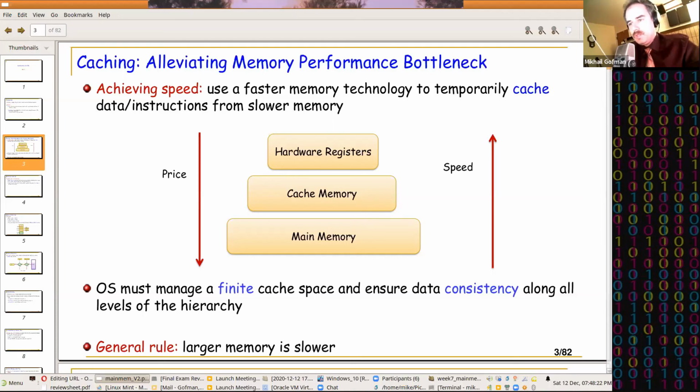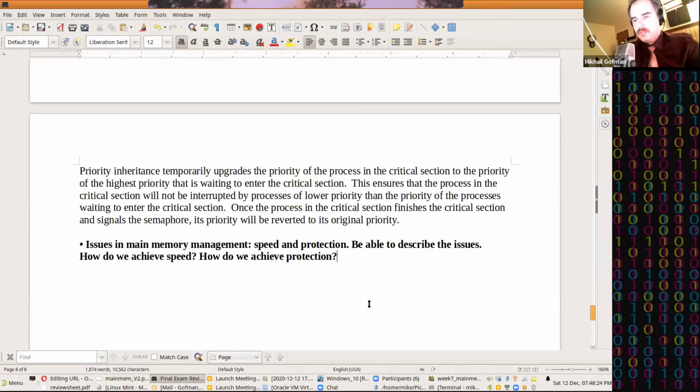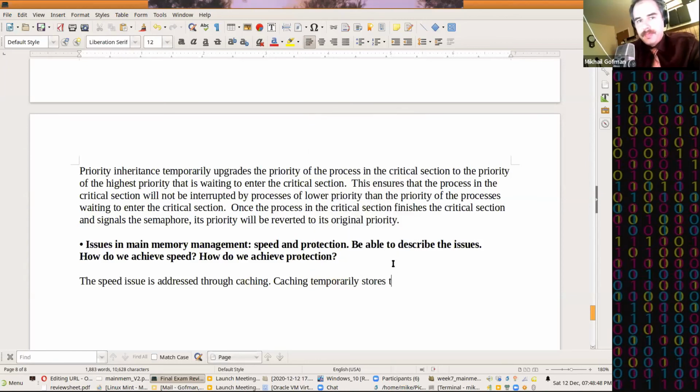Okay, so let's write this down. The speed issue is addressed through caching. Caching temporarily stores data from the slower memory in the faster memory.